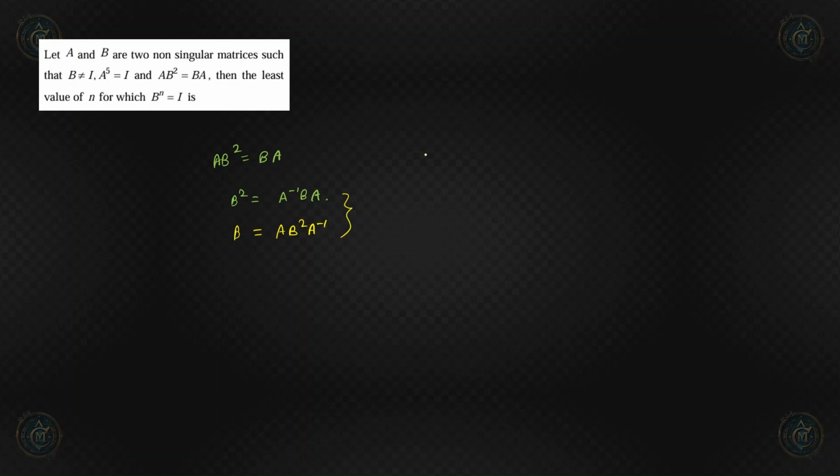We can note a very important thing here. Let's say we have two matrices P and Q, and there is some non-singular matrix A such that P equal to A Q A inverse. Then P to the power n is simply A times Q to the power n times A inverse. This is a very important relation you should note down.